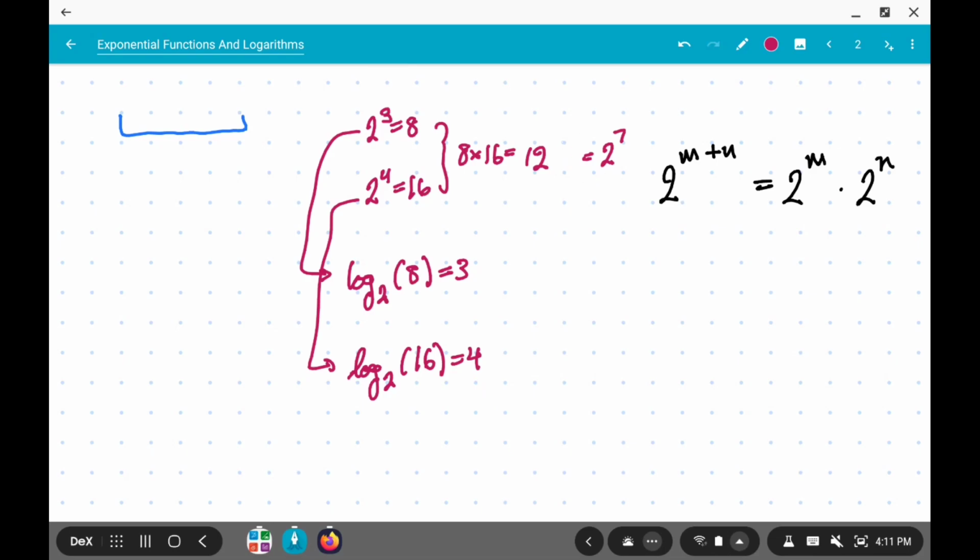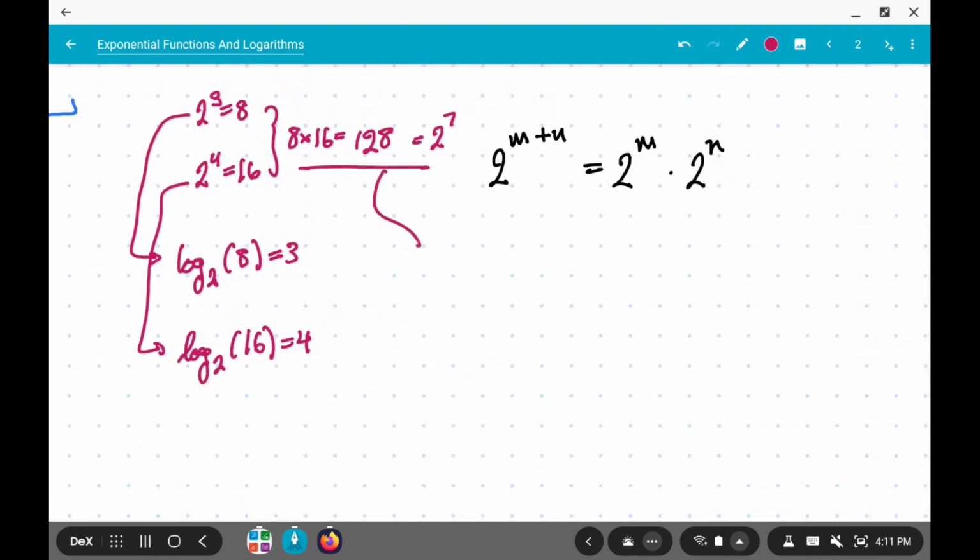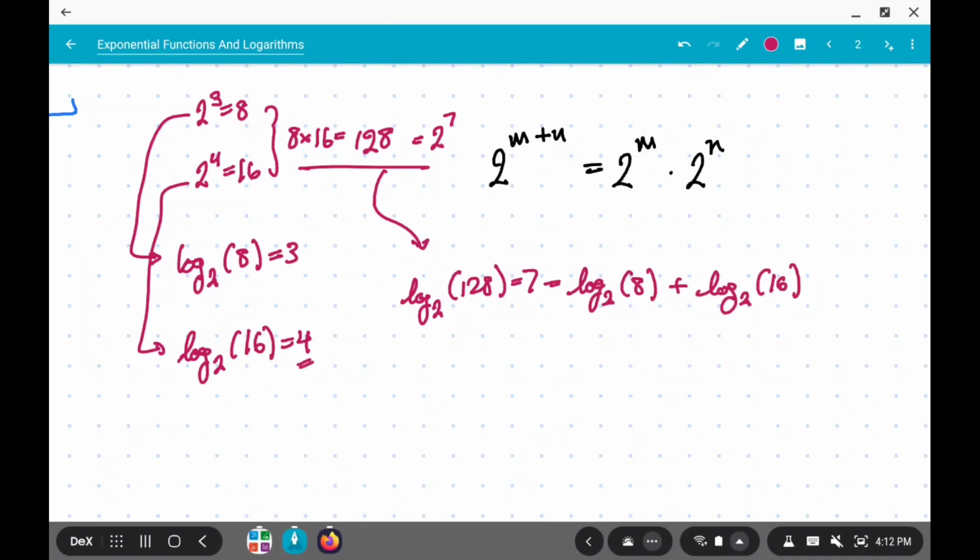Oops, I wrote 126. That's not right. It's 128. Okay, well, 128 is 2 to the 7th. Here's what happens now. The logarithm base 2 of 128 is 7, which is equal to the log base 2 of 8, that's the 3, plus the log base 2 of 16, that's the 4.